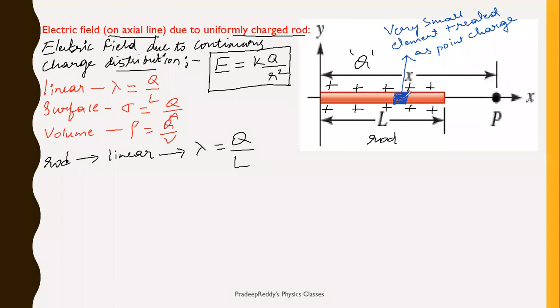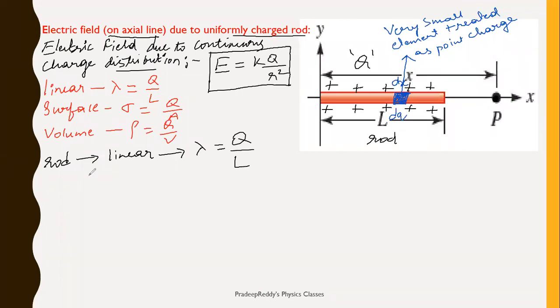Whichever point charge I am considering as a very small element, the total charge residing will be Q. This very small element which we are considering has charge dq, and this very small length, let me consider it as dx. For this very small element, I am considering its position as x.